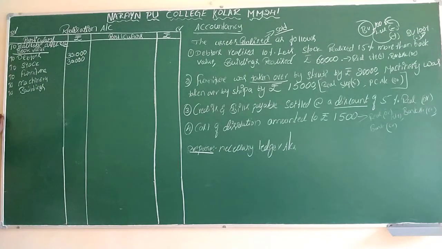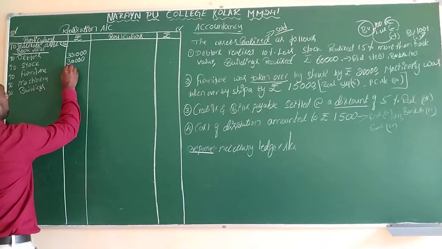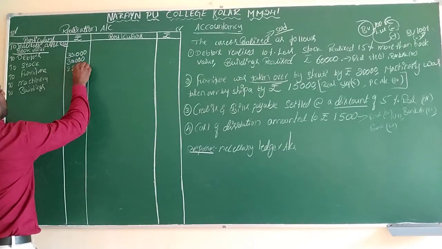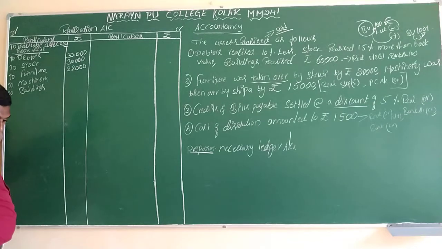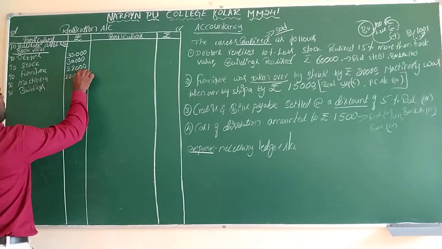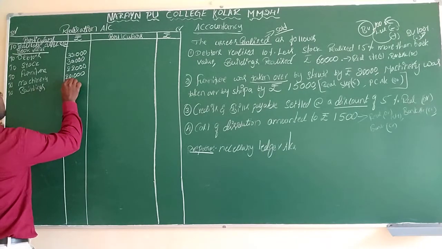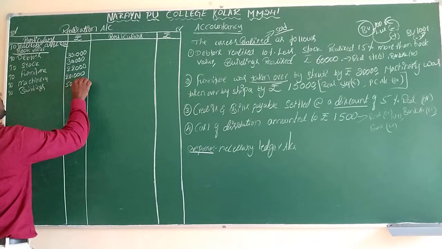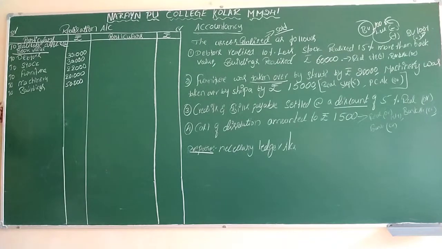The value of furniture is 22,000, the value of machinery is 20,000, and the value of buildings is 50,000. These are the values given in our balance sheet. This is step number 1. Apart from these, no other assets are available in the balance sheet, so we record only those assets which are given.